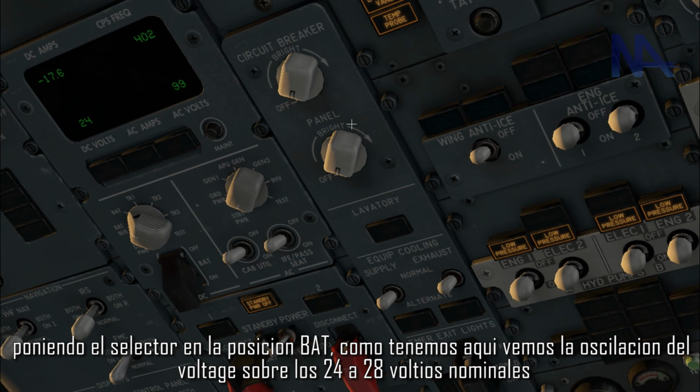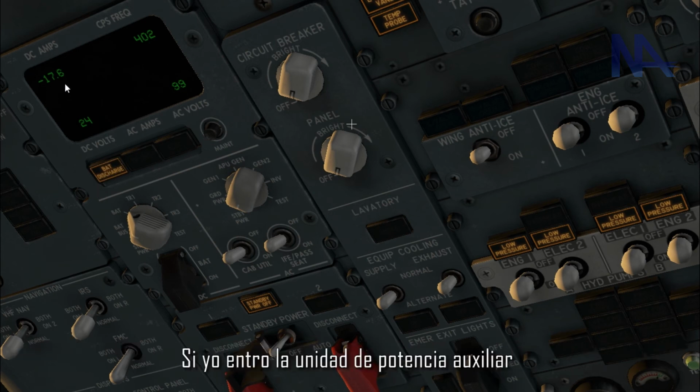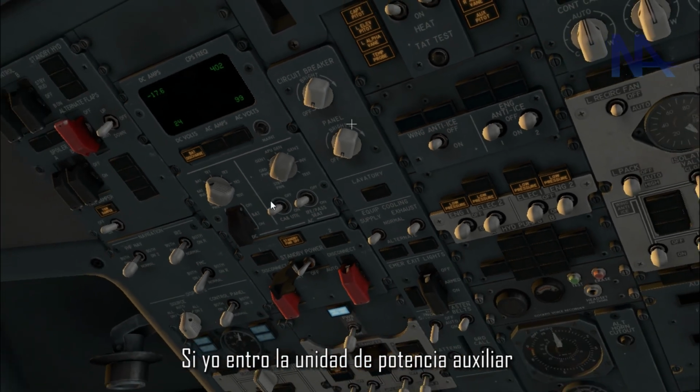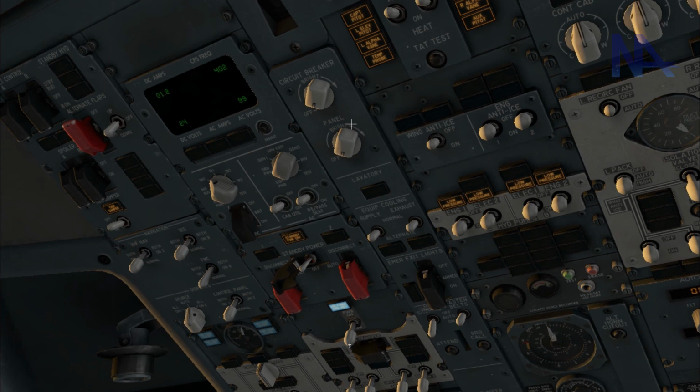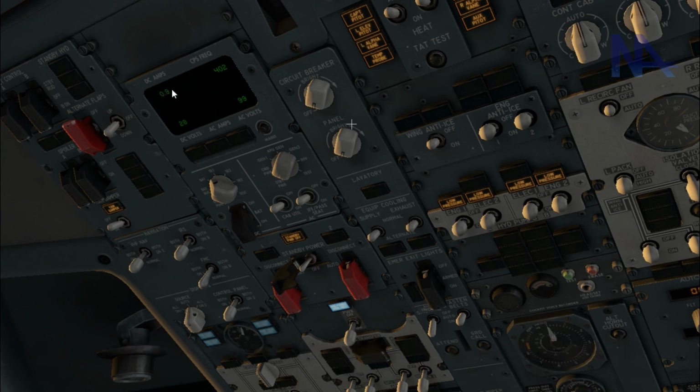Turning this selector to BAT position, just as we have here, we see the oscillation of the voltage, which is about 24 to 28 nominal voltage, an amperage of minus 17.6. If I get in the external power unit, we're going to see that our voltage is going to be higher, even the amperage is going to be different.